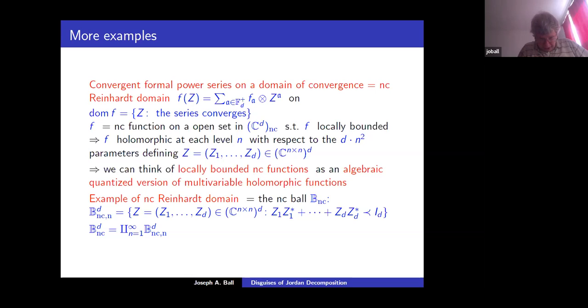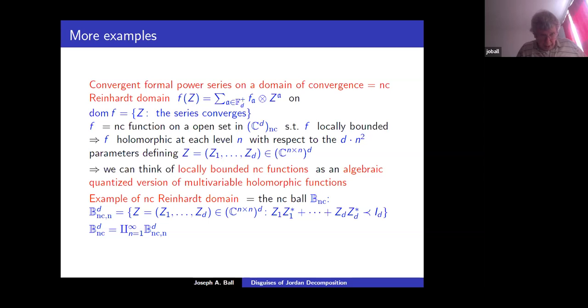A nice domain is the space of row contractions, where each entry in the row is an n-by-n matrix, such that Z1 Z1 star plus ... plus ZD ZD star is strictly less than the identity.